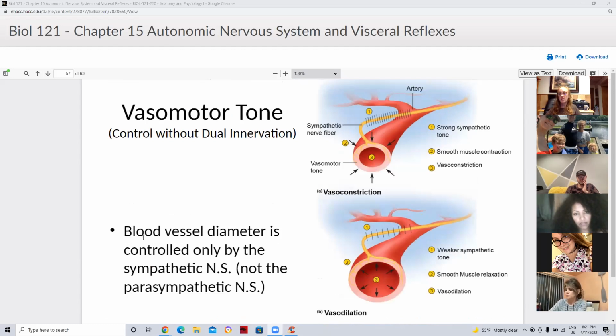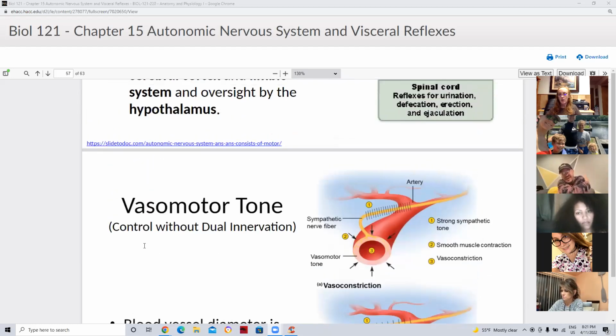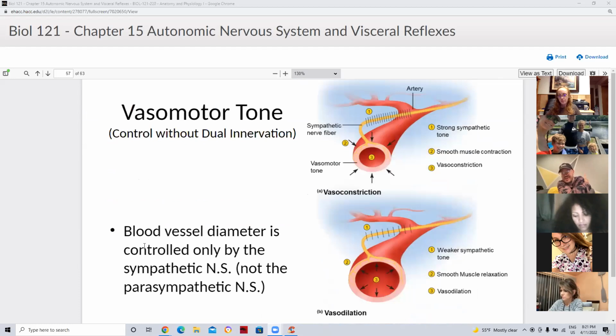Go back to one of the previous slides. It's when it's innervated by both the sympathetic and parasympathetic.